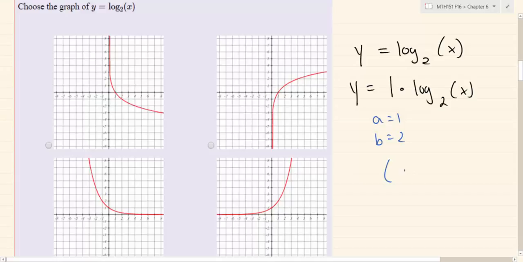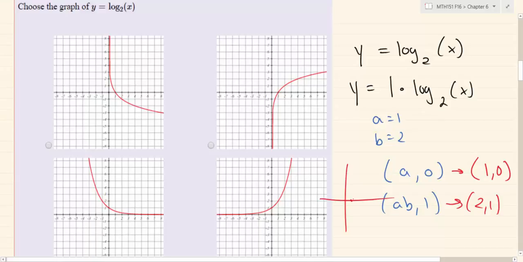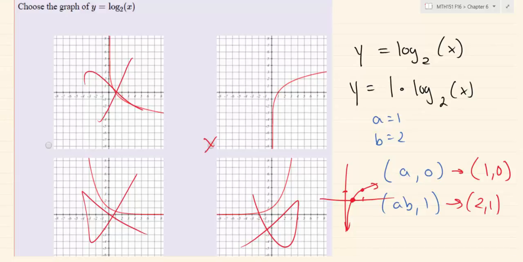We need (a, 0), and we need (ab, 1): (1, 0) and (2, 1). This has to go through (1, 0) and (2, 1). So it should look something like this. So we need a graph that looks something like that. So this guy's out, this guy's out, this guy's out, so I think it's this one. Very important that you plot these 2 points.